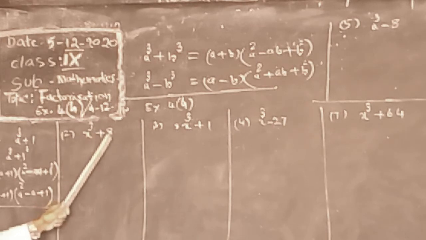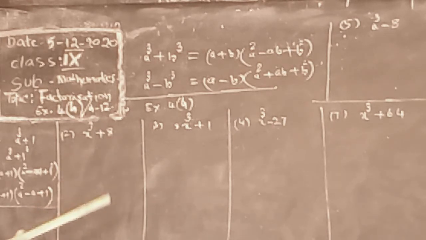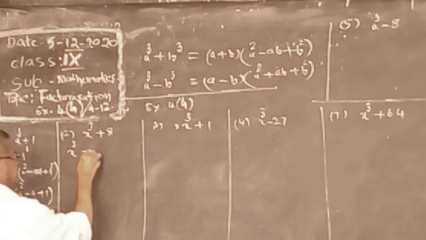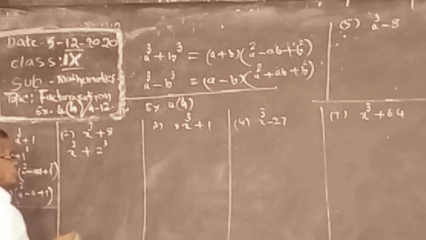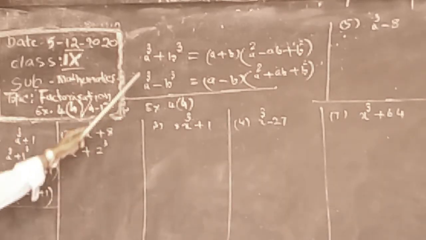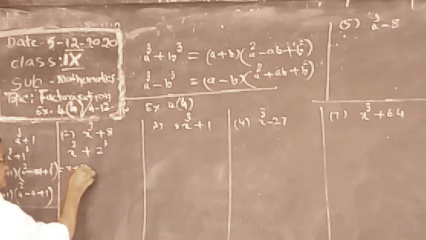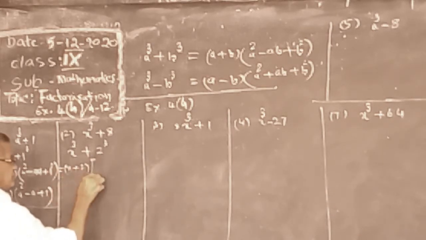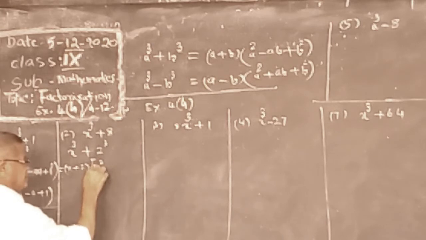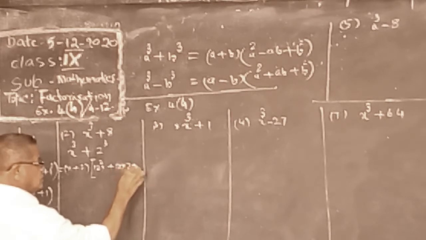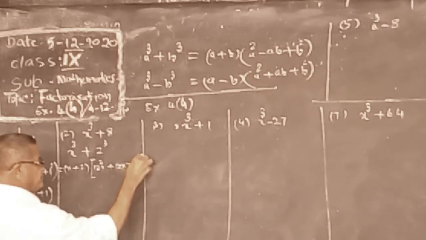And similarly, x cube plus 8 is there. 8 is nothing but 2 cube. So x cube plus 2 cube. It will come under a cube plus b cube. So (a plus b) is (x plus 2), and (a squared minus ab plus b squared) is x squared minus x into 2 plus 2 squared.